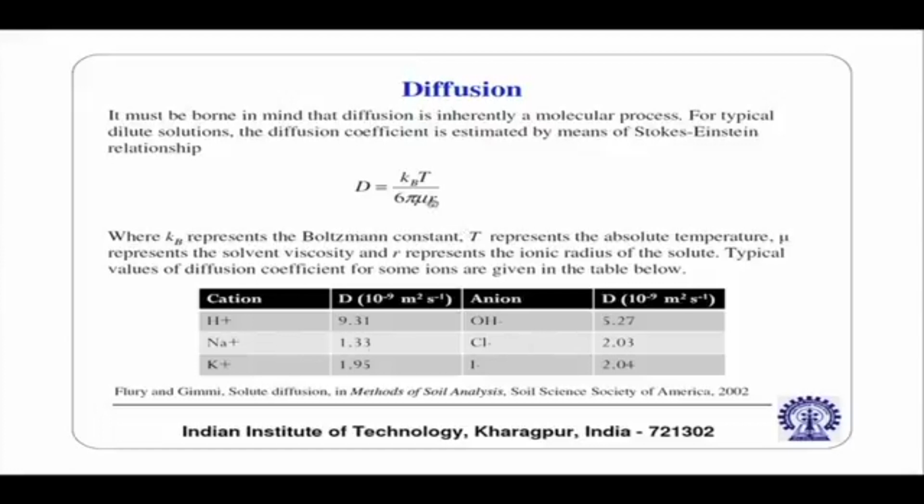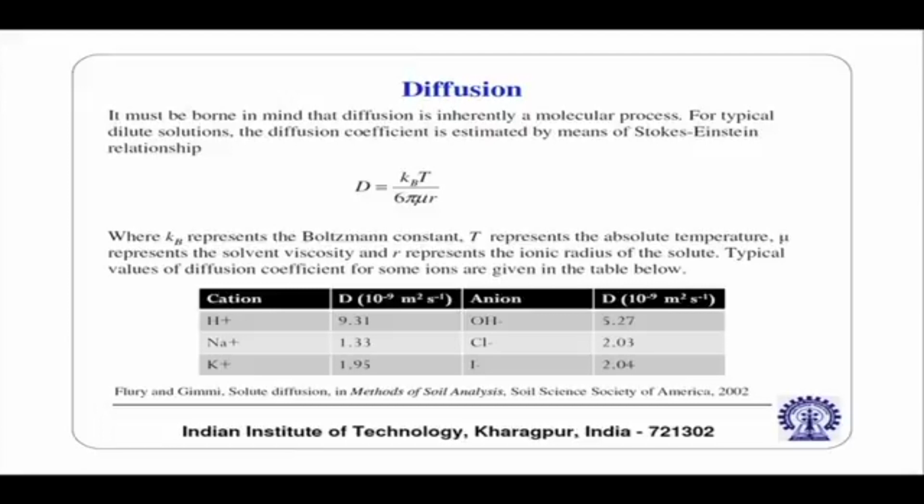So it is the ionic radius if you are bothered about the ionic species being diffused. This is an example where we are talking about ionic species, but this is just to give you a feel of the ranges of common values of the diffusion coefficient.